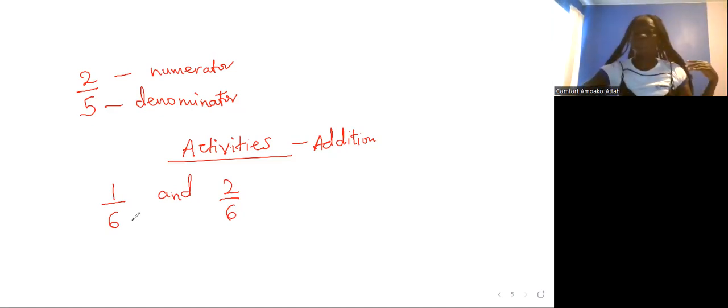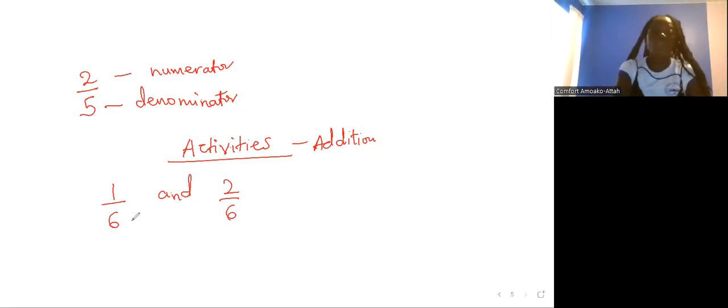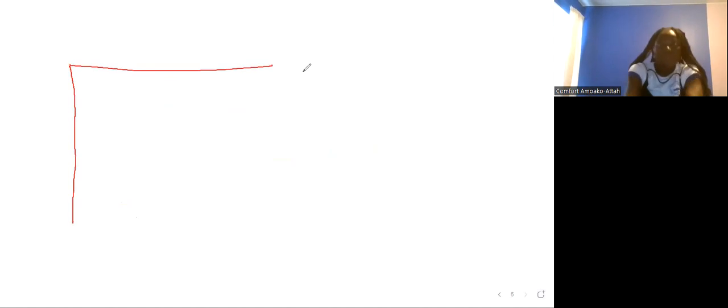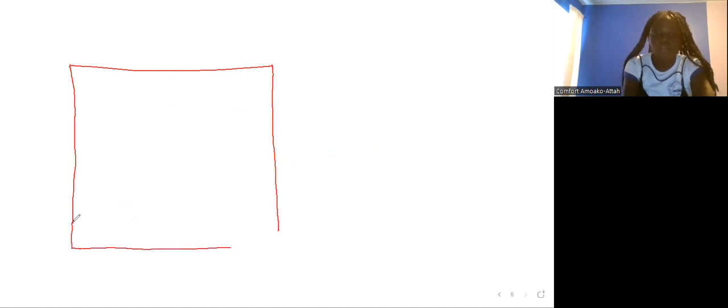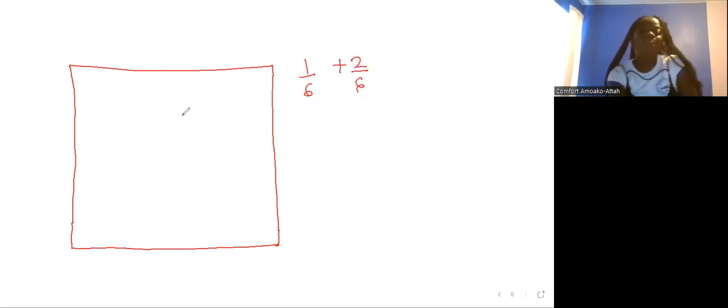Great. So doing this, let me draw it for you to see it well too. Let's say this is a strip of paper. Then our fraction is 1 out of 6 plus 2 over 6.